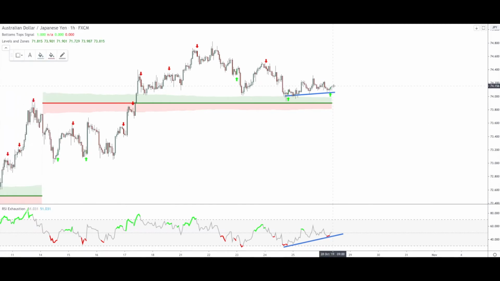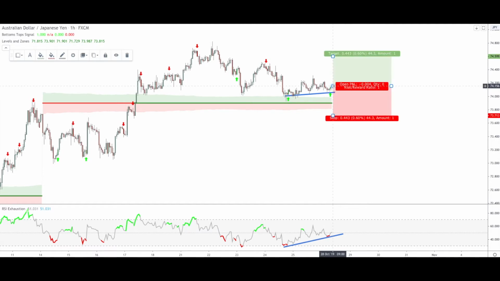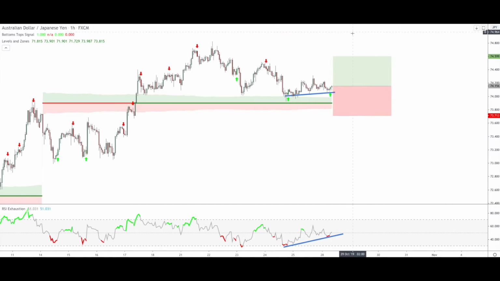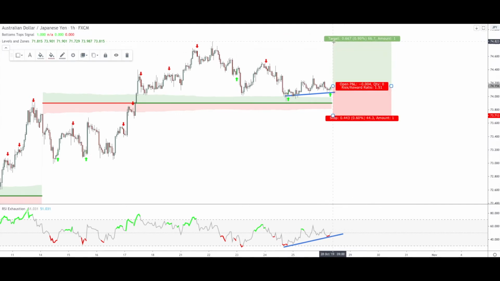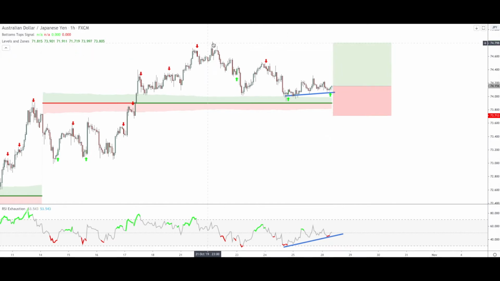So our entry price is going to be around here. And then we must set the stop loss and the target. Regarding the target, it is kind of hard to pick where the price is going here. So I will set my target to be around here, which is approximately the same level that was reached by this week here.